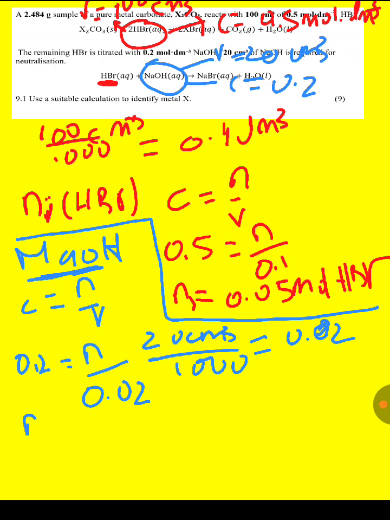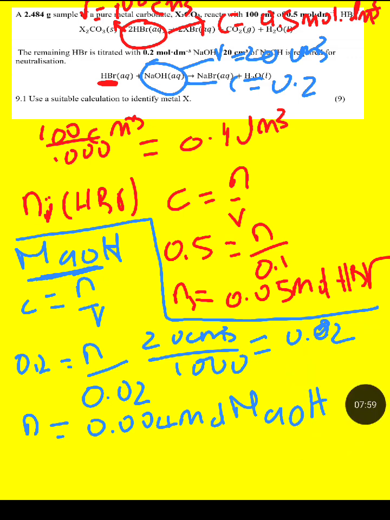You multiply these two, and you get 0.004 moles of NaOH. Let me continue on the next page.